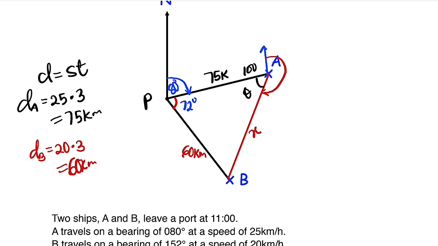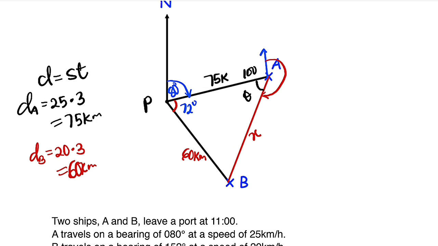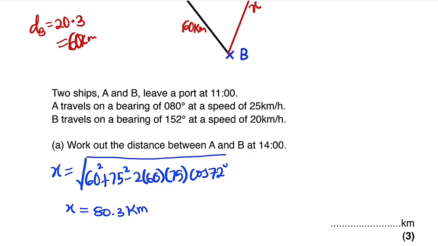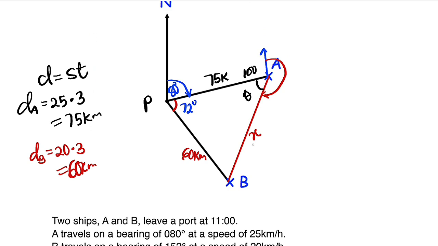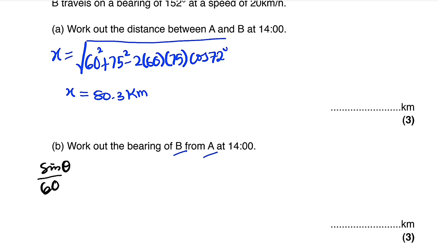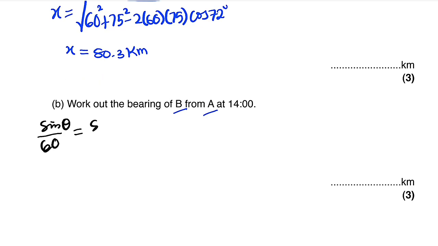All right, so let me find angle theta. Sine of theta divided by 60 kilometers is equal to sine 72 divided by x, but x is 80.3.